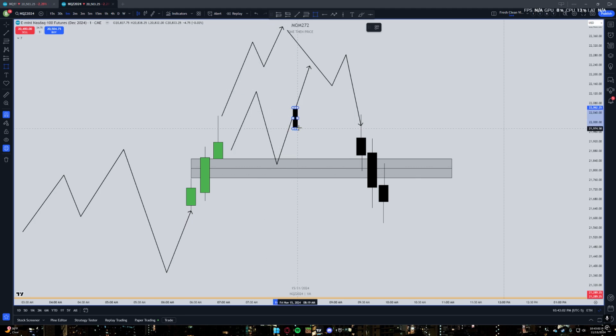So if we were to have a fair value gap somewhere here in this move up, and then we had a return to this before we hit this high, that would be a possible better trade. That would technically be the ICT 2022 model, assuming that this low took out a low here. That's the ICT 2022 model.